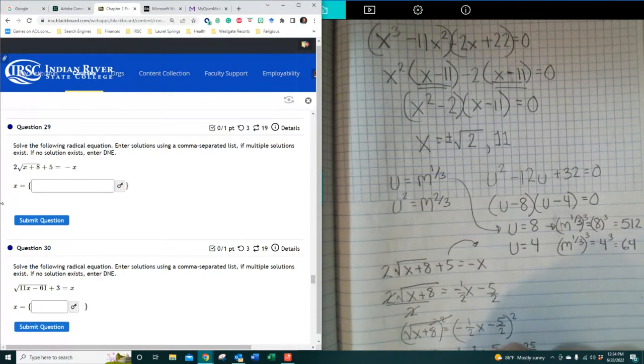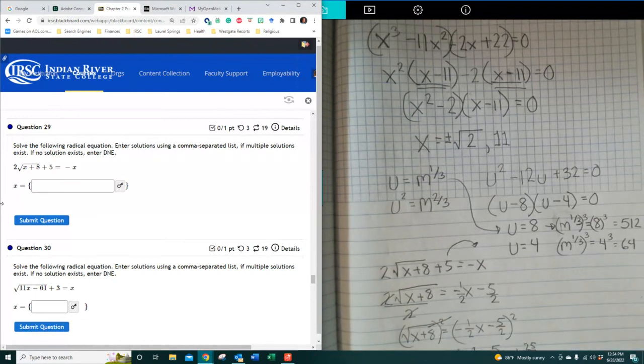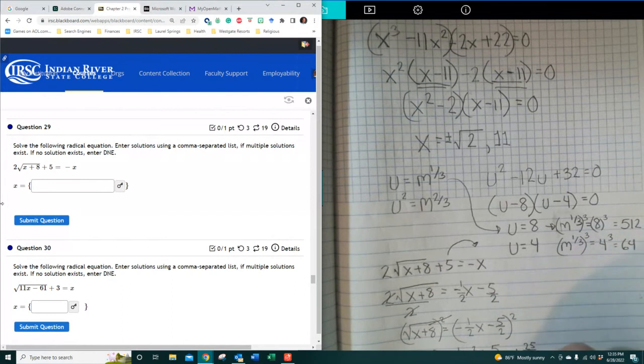We're going to get 4x and then 32, x squared, and then 2 times 5 is 10, and then plus 25. All right. Yeah, looks good. Now we're going to subtract 4 from both sides and subtract 32 from both sides.